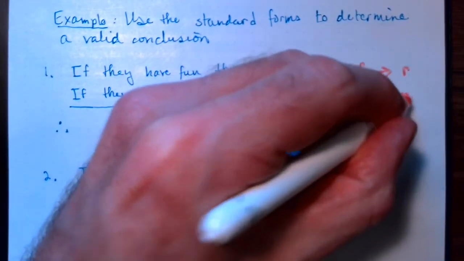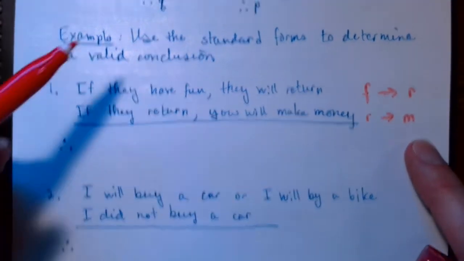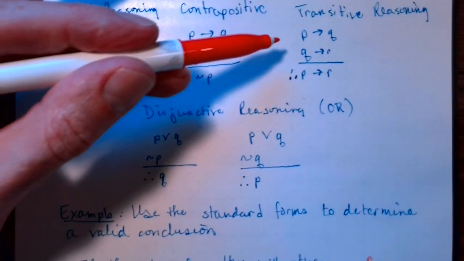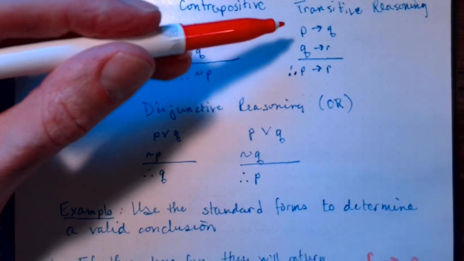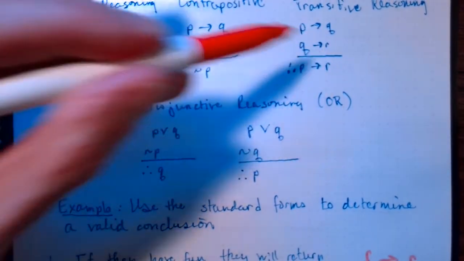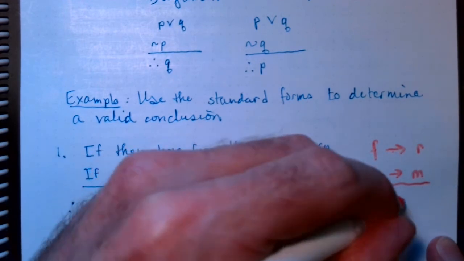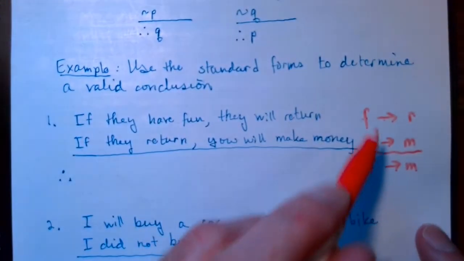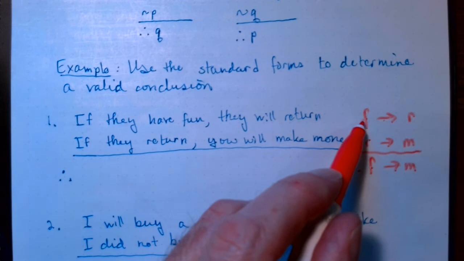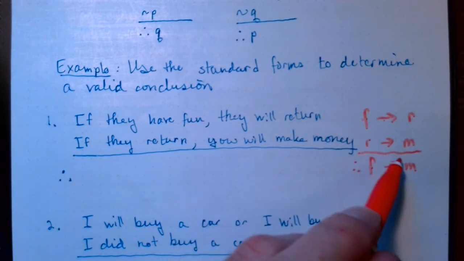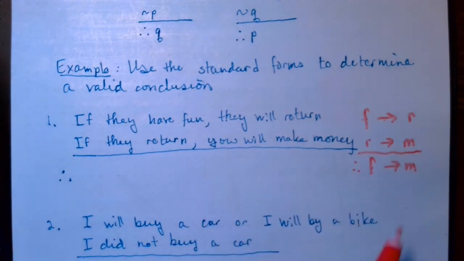Return implies money. So this is looking like transitive reasoning up here. And notice we can chain them together. So the conclusion would be, therefore, F implies M. Once again, notice we're chaining them together. We take the antecedent from the first premise and the consequent from the last.